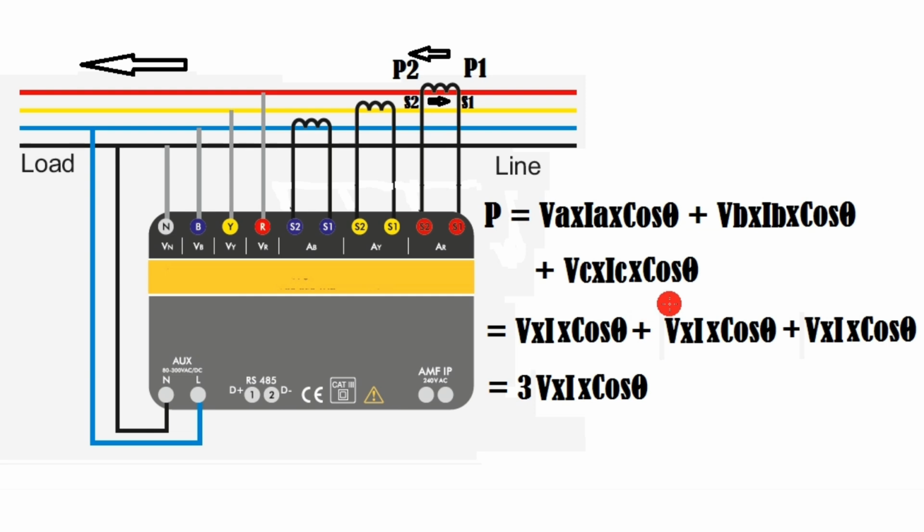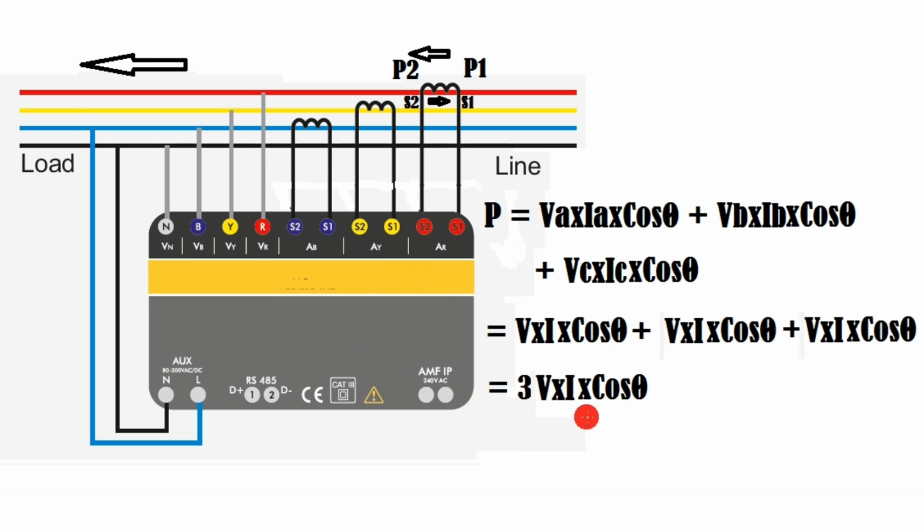Now for a balanced three-phase system, VA is equal to VB is equal to VC. That is, the voltage of the three phases is equal and the current of the three phases is equal. So here the total power will be 3 times V into I into cos theta.